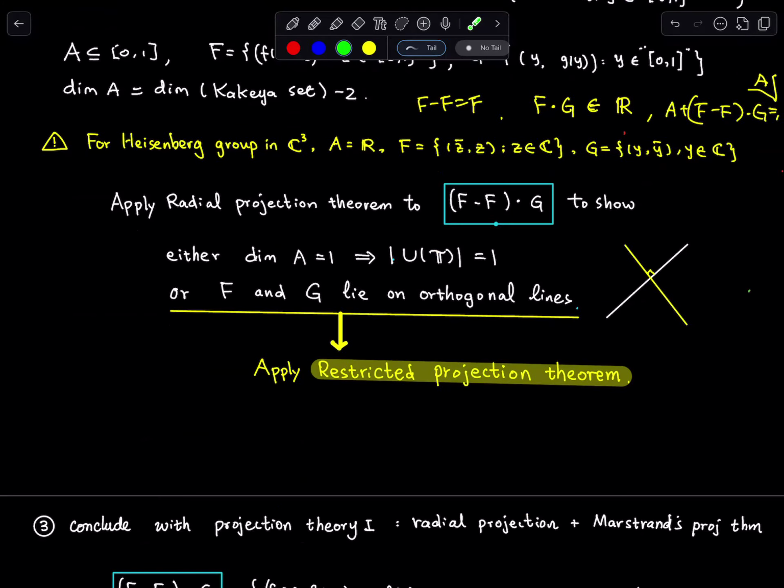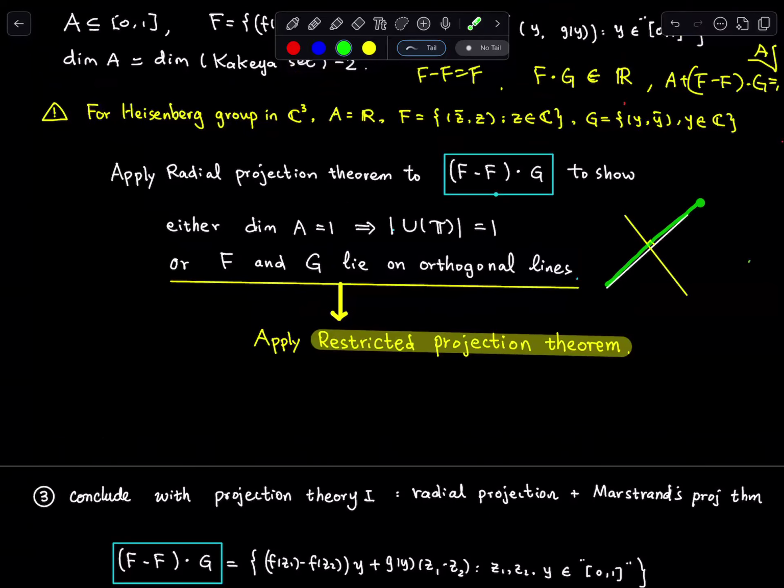And now that we know F lies in a line, then it's not too hard to see that G has to lie in the orthogonal line, otherwise we are done as well. Suppose G is here, then it's kind of obvious to see that F minus F dot product G contains a segment, and we are done.